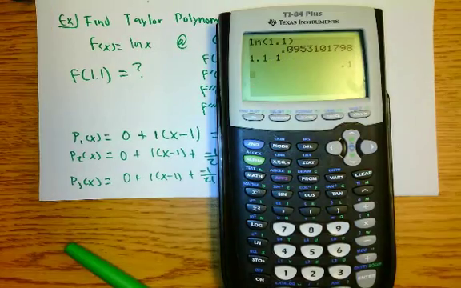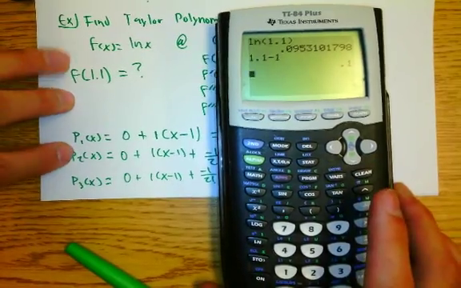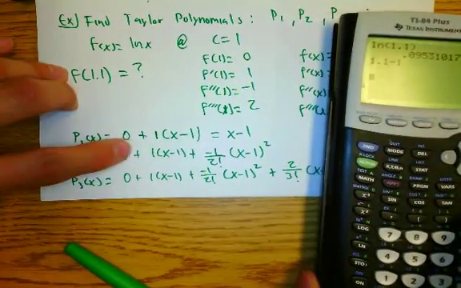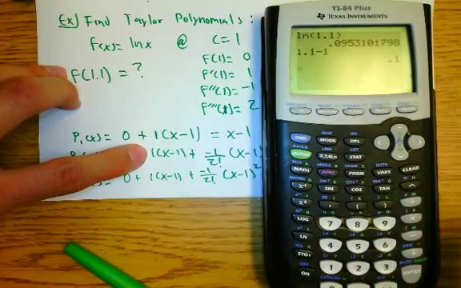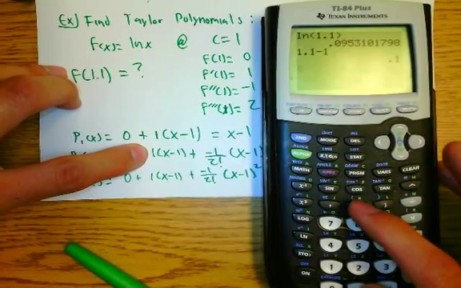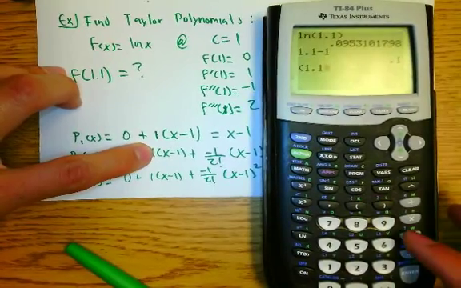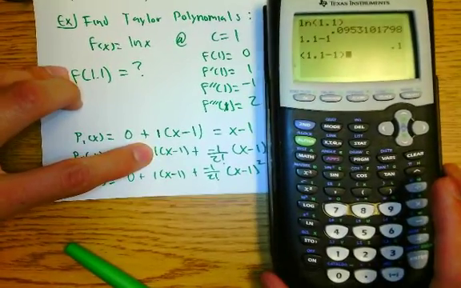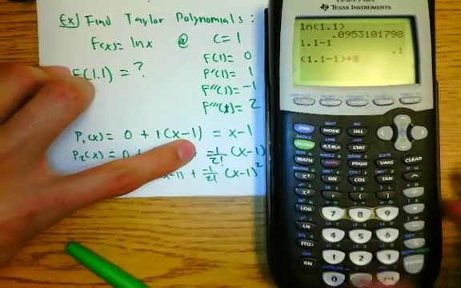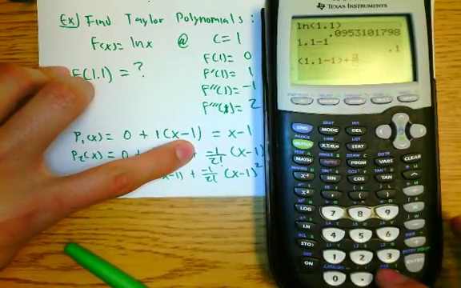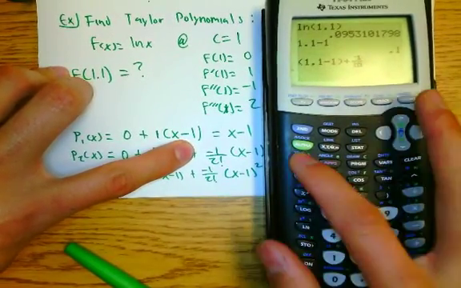Now what would happen if I use the second degree Taylor polynomial? So well, I have 1.1, right, minus 1 plus negative 1 over 2 factorial, if you go over to math, times 1.1 minus 1, so 0.1 squared, right?